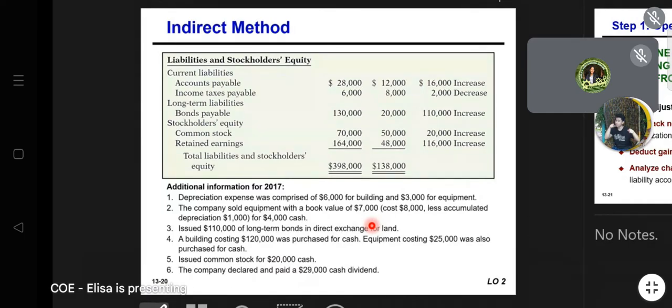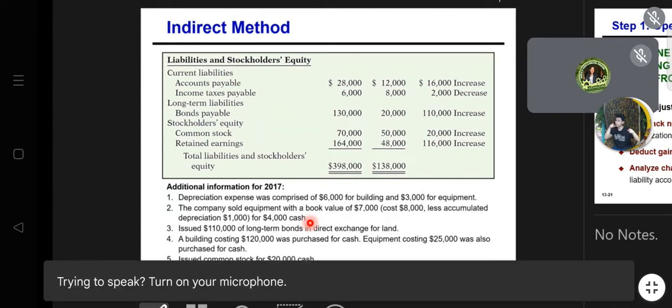It sold it for 4. So if the book value of the equipment is 7 and it was sold for only 4, there's a difference of 3.